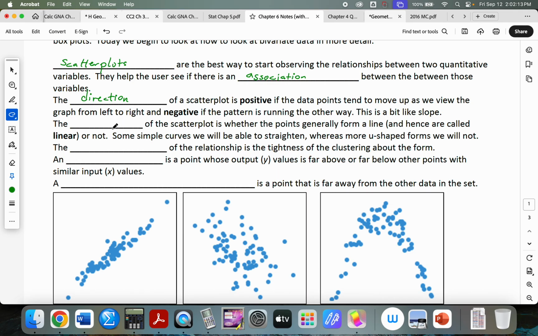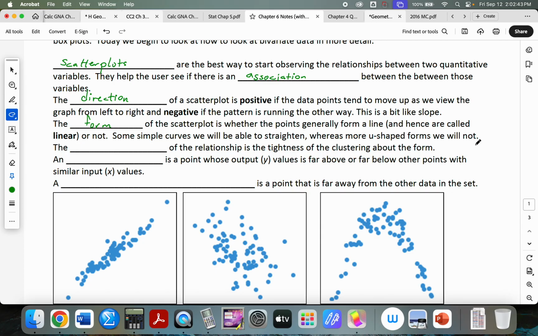So then the form of the scatter plot is whether the points generally, and this is very generally, form a line or not, or if they're curved in some way. Some simple curves we will be able to straighten, and we'll talk more about that later.